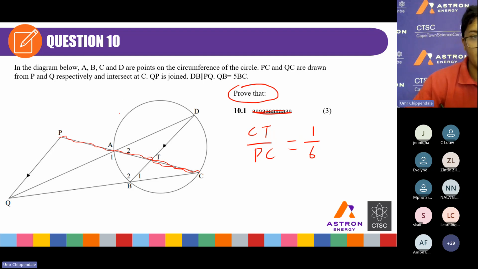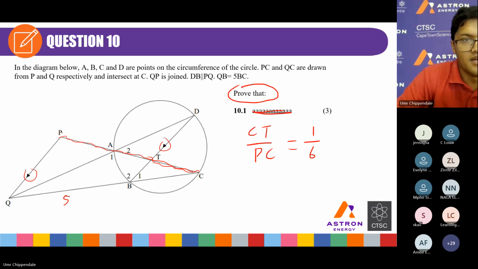DB is parallel to PQ, and they gave the arrows to mark that as well. QB is 5BC. So QB is 5 of it, so 5. That's what I have here. So we have it just like this.